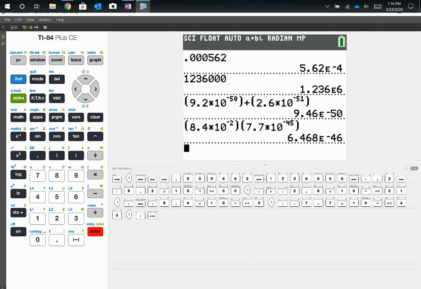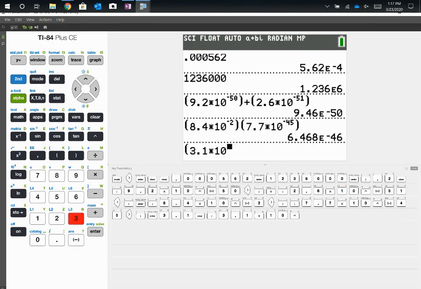I might have, say, 3.1 times 10 to the power 32 times 7.68 times 10 to the power negative 45.